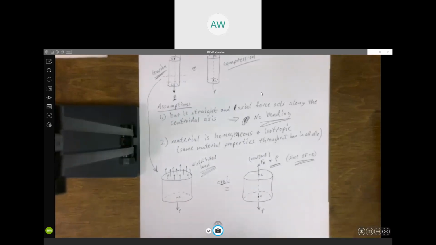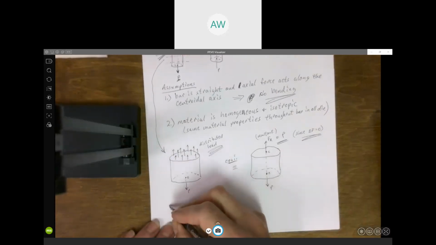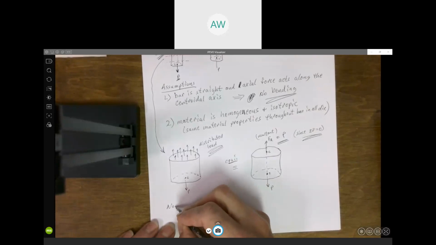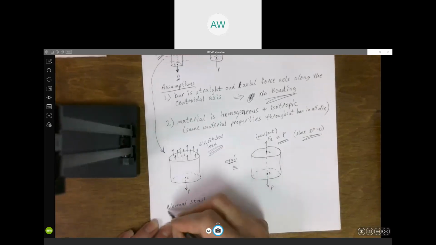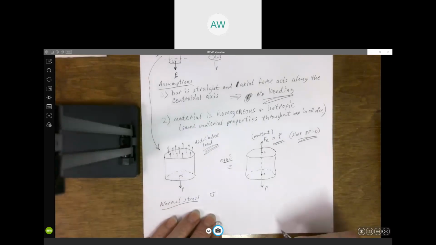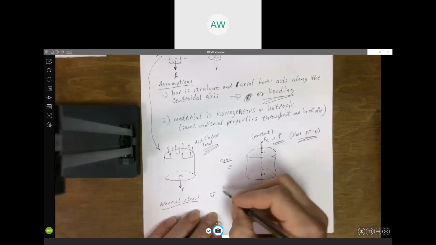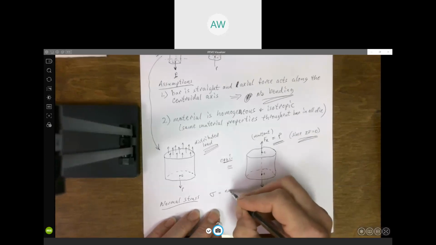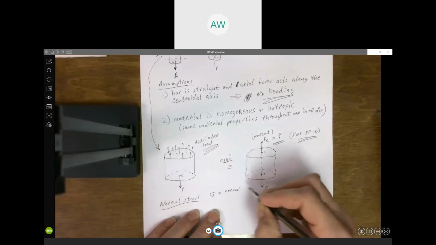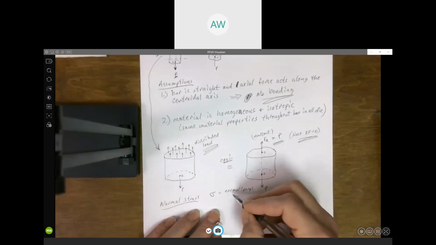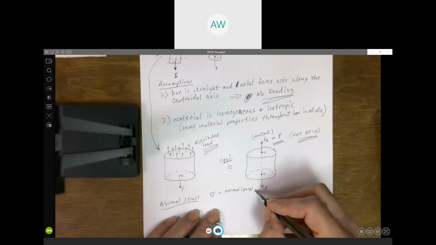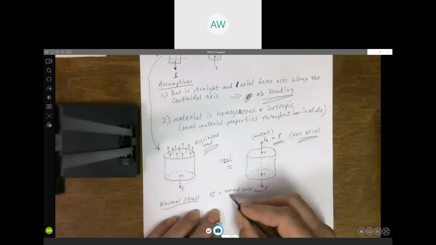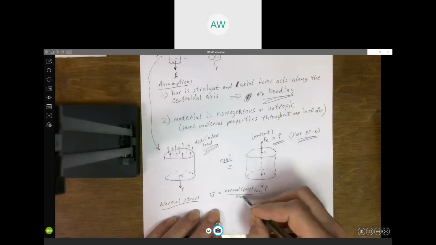All right, so we define, again, our normal stress, which, remember, notation-wise, we use sigma here. So it is that normal or perpendicular force over the cross-sectional area.